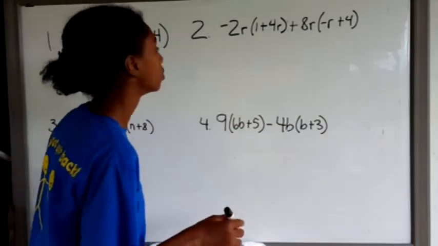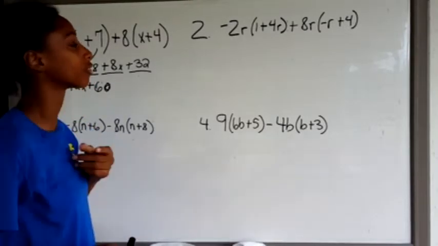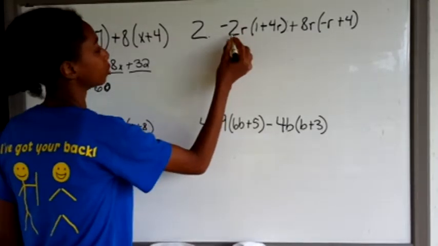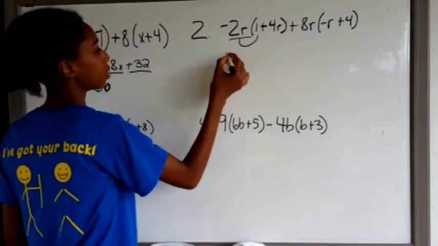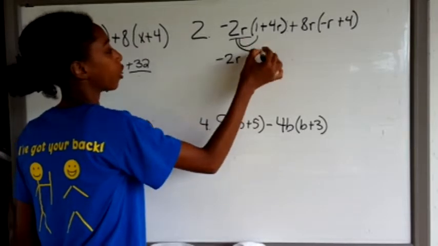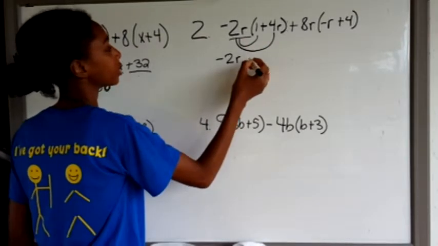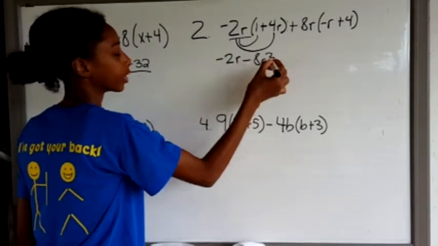Alright, so for number 2, we have negative 2r times 1 plus 4r plus 8r times negative r plus 4. Alright, so we're going to distribute our negative 2r. Negative 2r times 1 is negative 2r. Negative 2r times positive 4r is negative 8r squared.